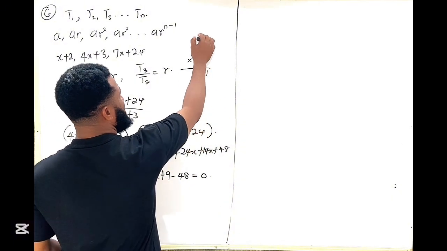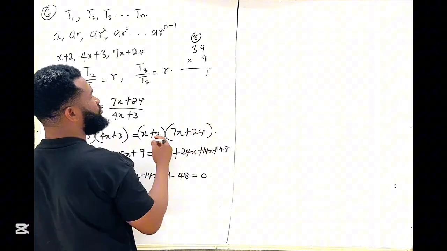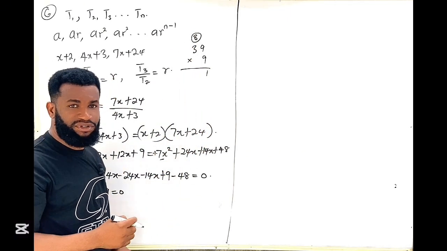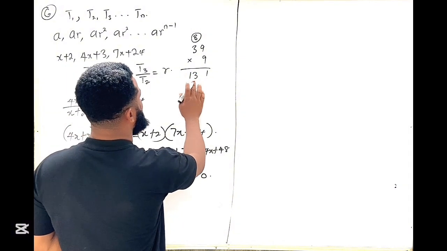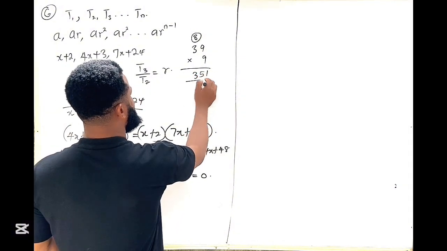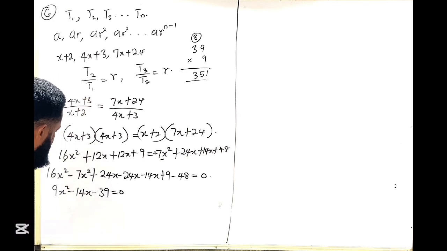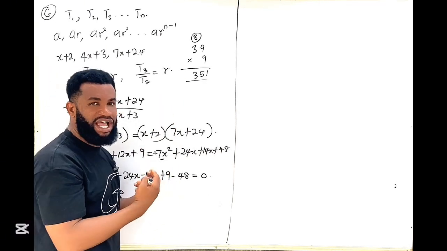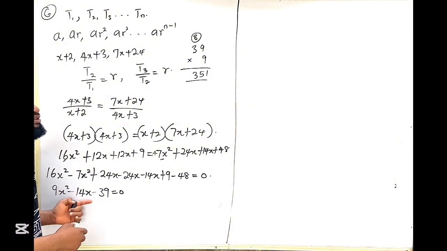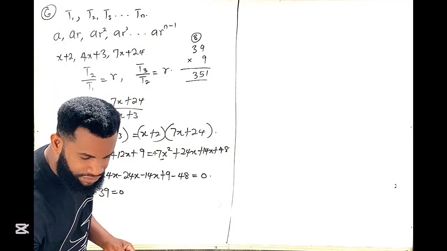I'm writing 1 carrying 8. 9 times 3 is 27. 27 plus 8 is going to be 35. So it's 351. So you should be asking yourself, what are the factors of 351 that we add together to give us 14?